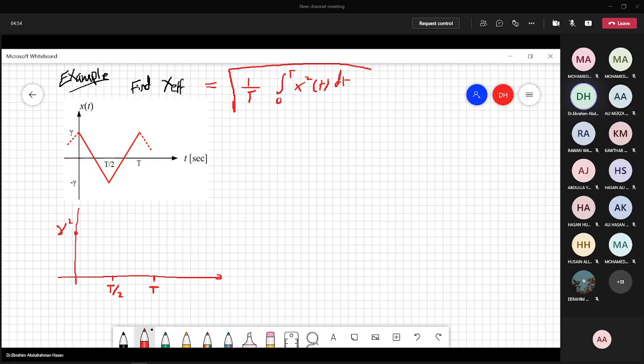Meaning here at T over 4 the value is 0, so 0 squared is equal to 0. While at T over 2 it is minus gamma, squared again it is equal to gamma square.